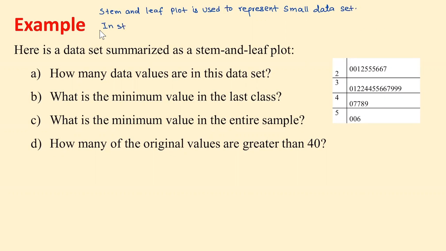In a stem and leaf plot, the rightmost digit is the leaf and the remaining digits form the stem.